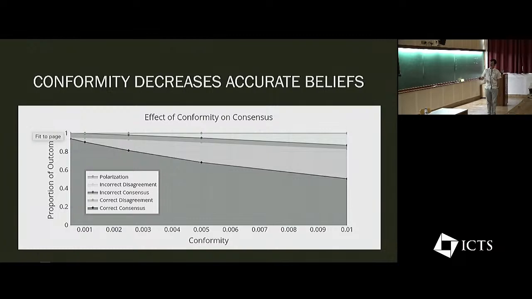What happens is, as the conformity increases, the fraction of correct consensus, by which I mean everyone believes action B is better and everyone performs action B, decreases.